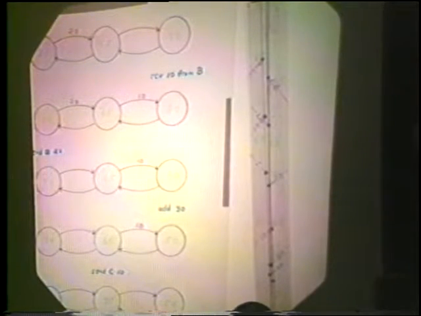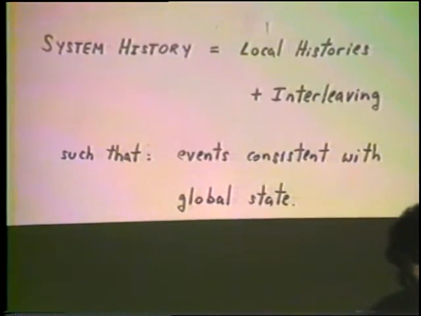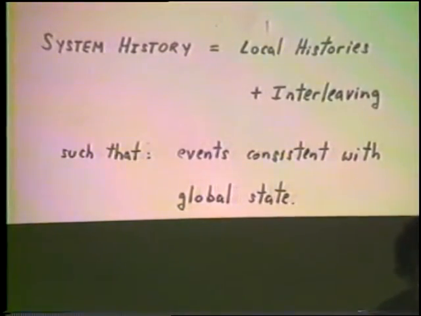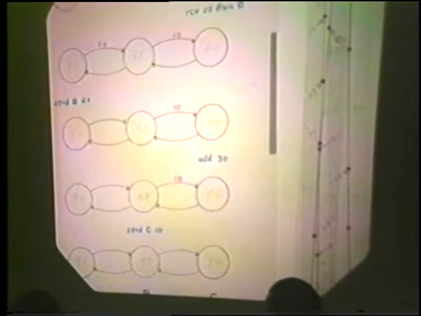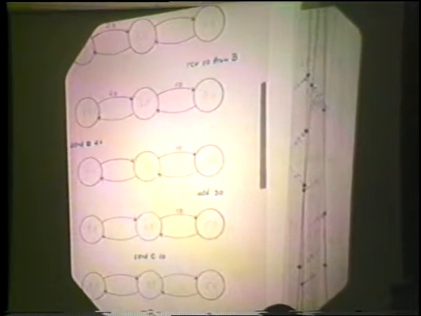What does that mean? Well, we assume we know what state we started with. How would we reconstruct a picture like this from a set of events like this? It's fairly straightforward. Here we say this send 10 occurred in process B. We changed the state of B by subtracting $10 and added a $10 message to the transmission line from B to C, and so on.